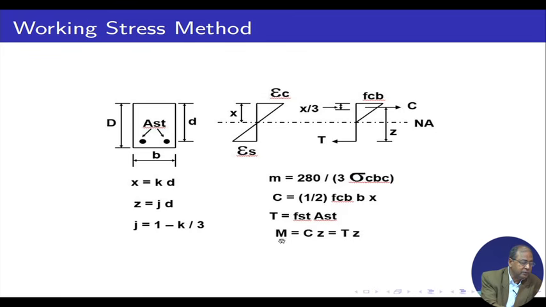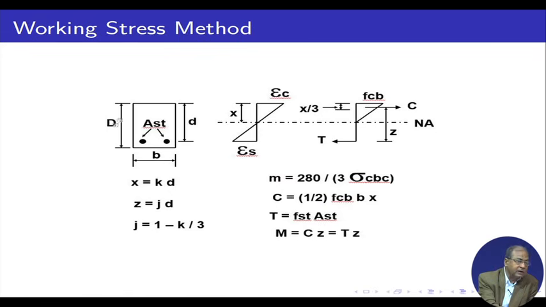This moment of resistance should be equal to C times Z, or T times Z. It should be equal, because if C and T are different, then obviously it will not be in a static position, it will move. That is not possible. A beam, a bridge, always stays in the same position. So, at the equilibrium position, C and T will be equal.